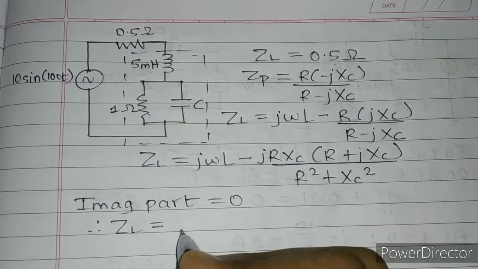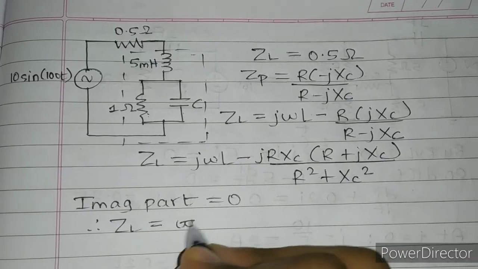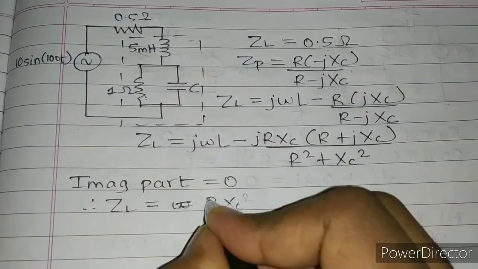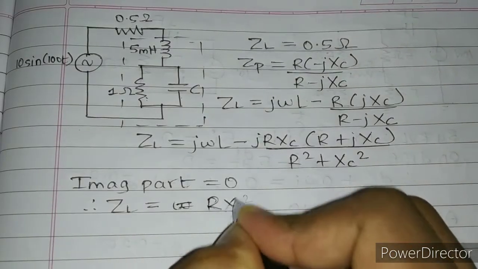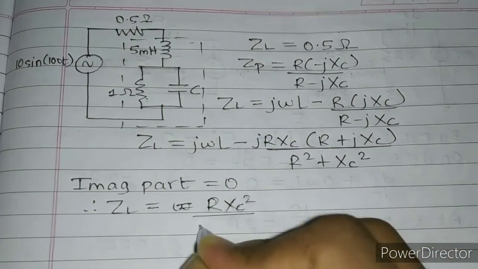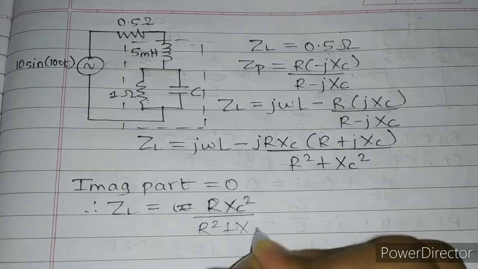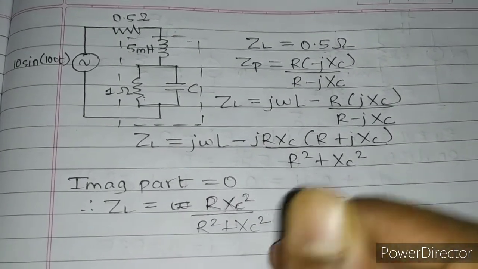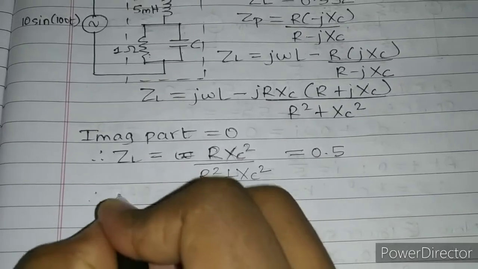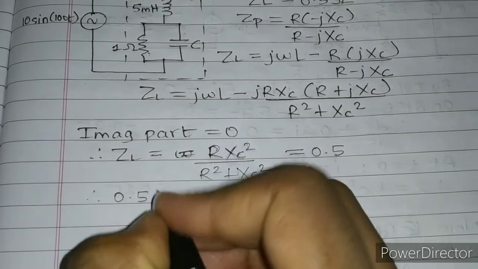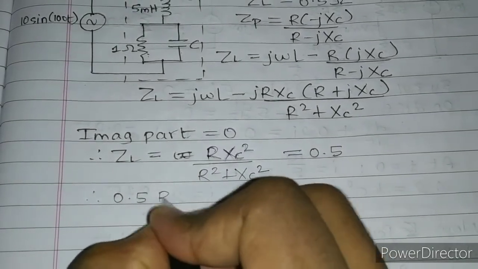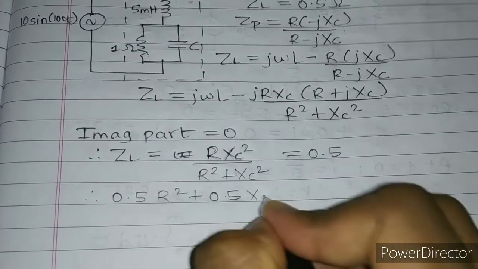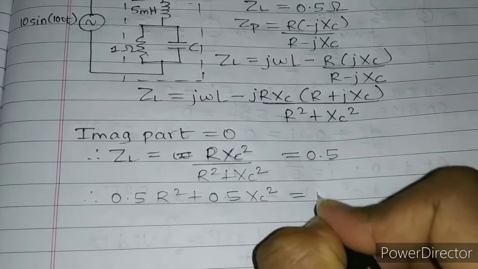Therefore ZL is equal to R Xc square divided by R square plus Xc square is equal to 0.5. Therefore 0.5 R square plus 0.5 Xc square is equal to R Xc square.